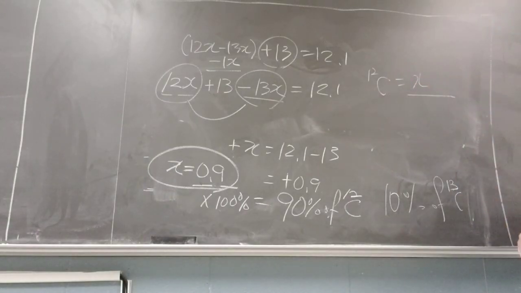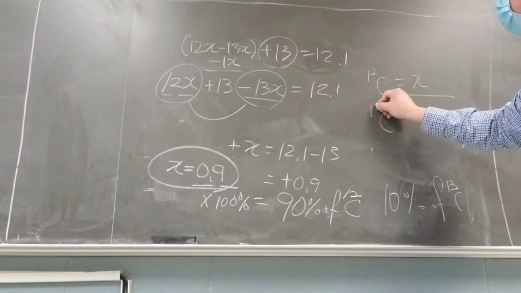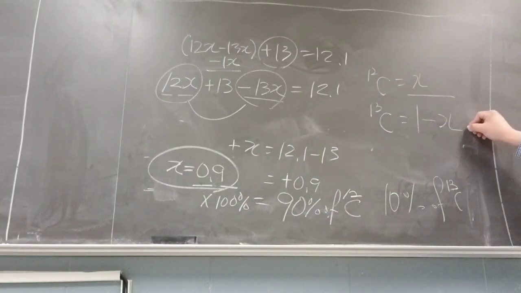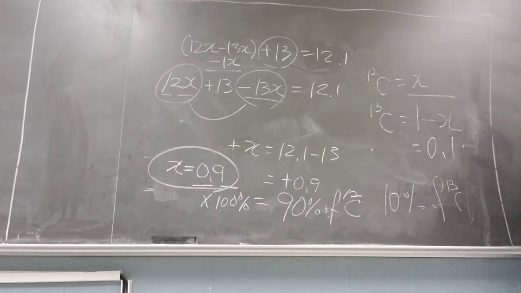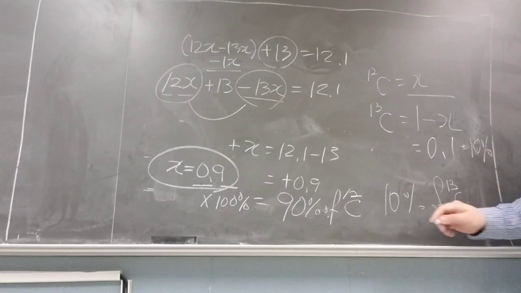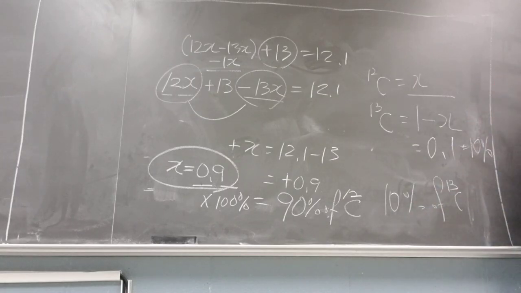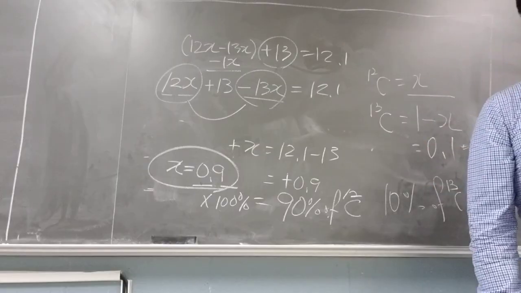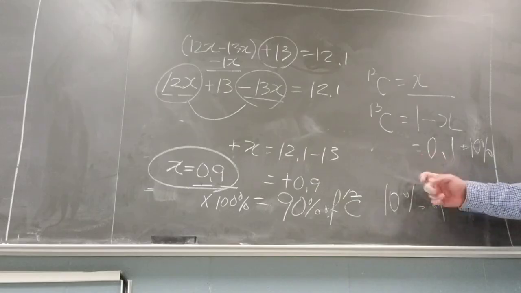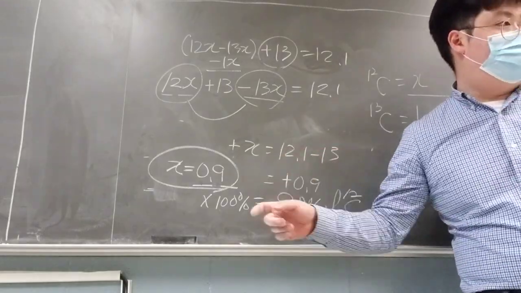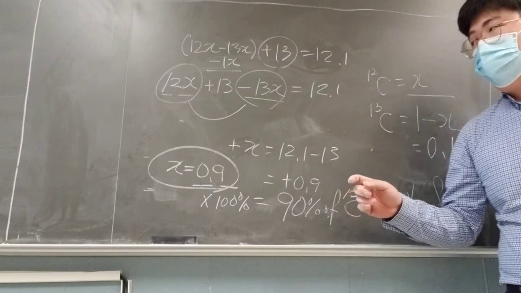Because like I said, the carbon-12 is X. This is a natural abundance. Then carbon-13 was what? We said 1 minus X. So 1 minus 0.9 is 0.1. If you multiply this number by 100%, that tells you 10% of the carbon will be carbon-13. So if you go out there and try to find carbon atoms, there is a 90% chance it will be carbon-12, and a 10% chance it will be carbon-13.